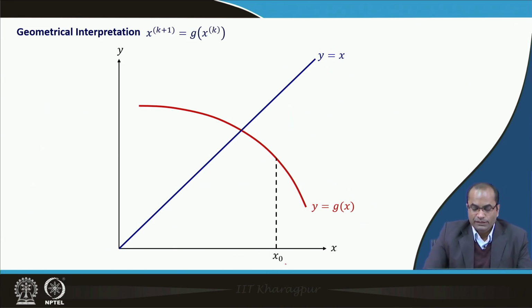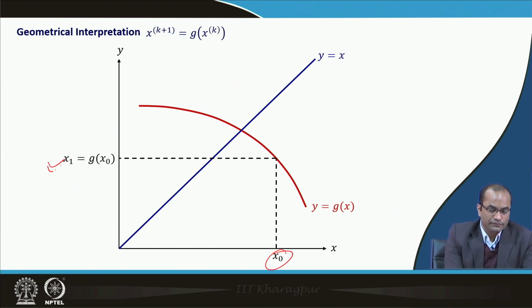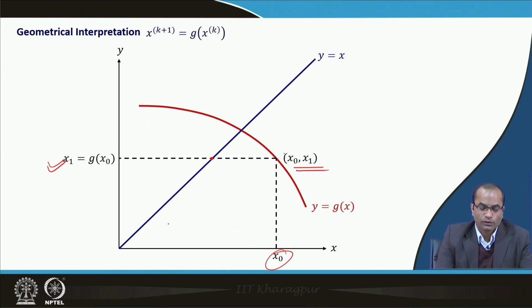We start with some initial guess x naught, then we compute x 1 by g x naught. So this is the point x naught, x 1, and here the y is equal to x line crosses, so the height was x 1, and here both are equal.